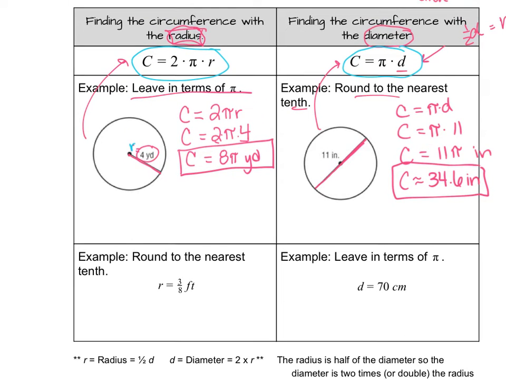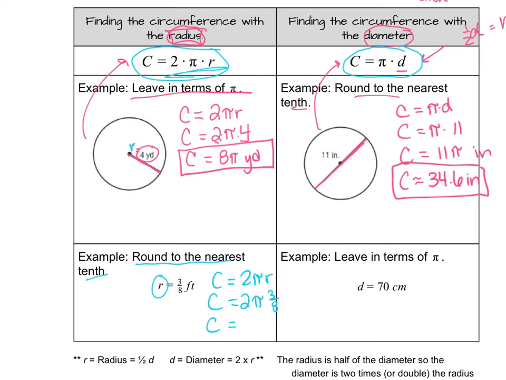We'll try this example where we're rounding to the nearest tenth. So we're given the radius, so we're going to use the radius formula. So C is equal to 2 times pi times r. C is equal to 2 times pi. The radius is 3/8, so times 3/8. C is equal to, and we're rounding to the nearest tenth.